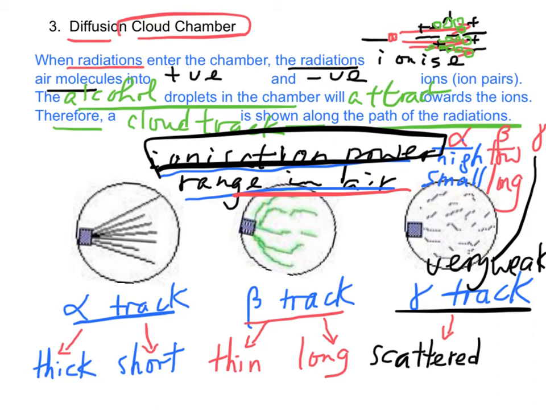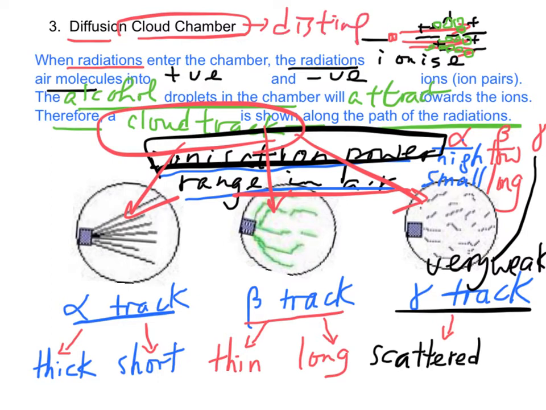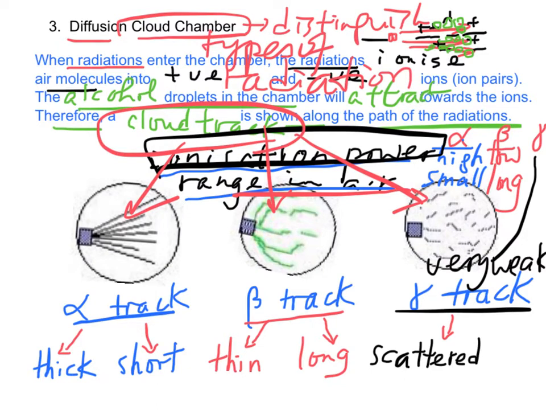As a conclusion, by observing the cloud track shown on the cloud chamber, a cloud chamber can be used to distinguish what type of radiations, whether this is beta, alpha, gamma, or both.